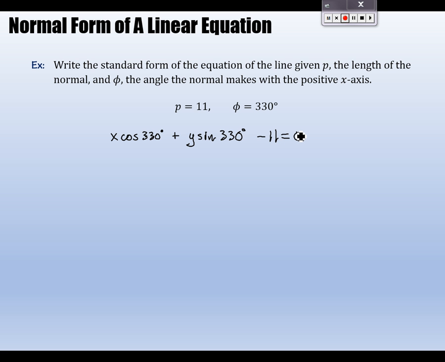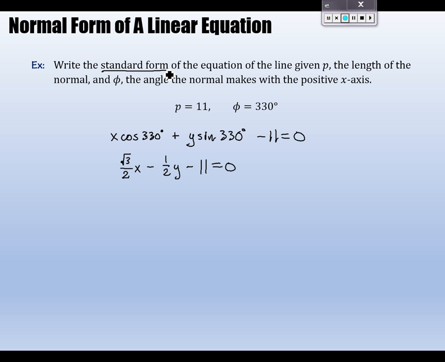330 is a nice angle. So actually I can name what these things are. The cosine is positive root 3 over 2 x minus 1/2 y minus 11 equals 0. So we're doing pretty well here. It says put it in standard form, and now I need a refresher on algebra 1. I don't even know what standard form means.